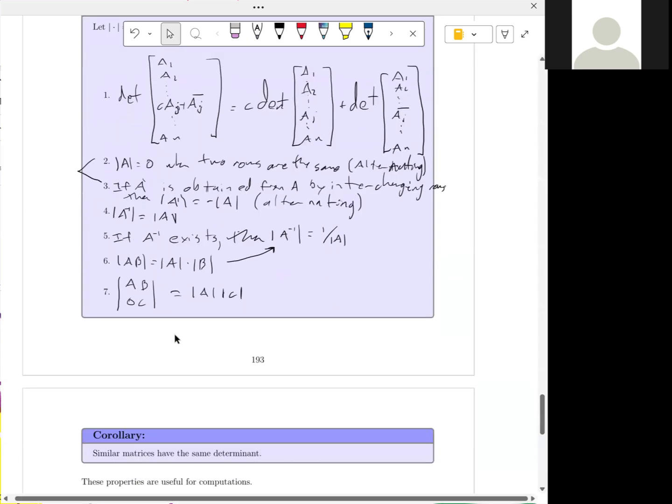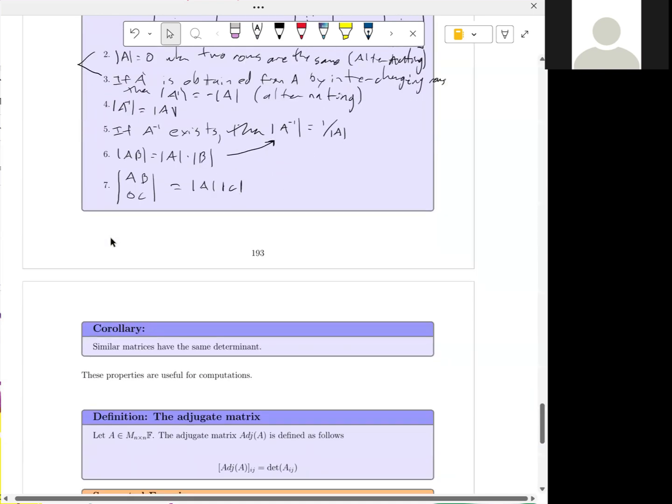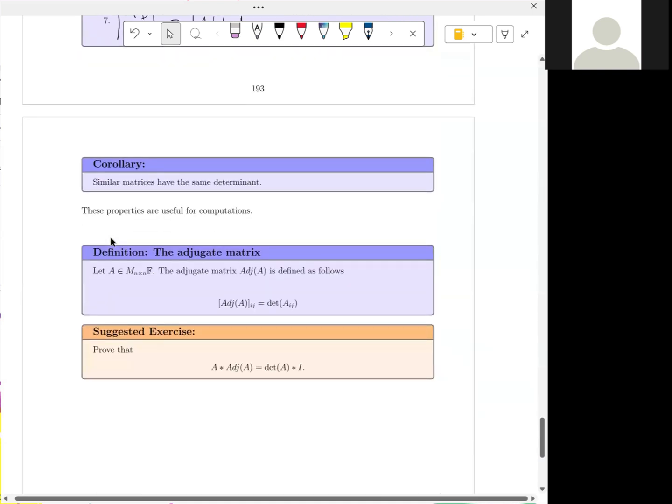Okay. Now, a corollary of 6 is our following statement, that similar matrices have the same determinant.